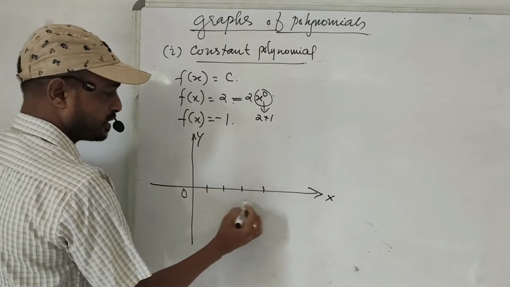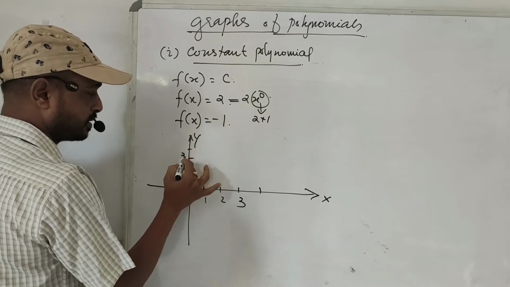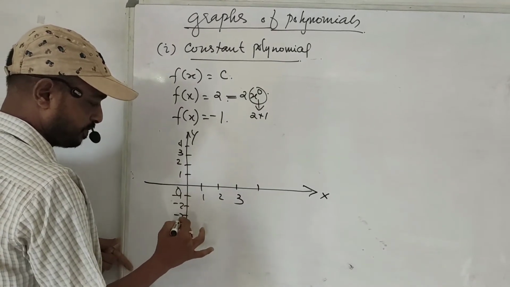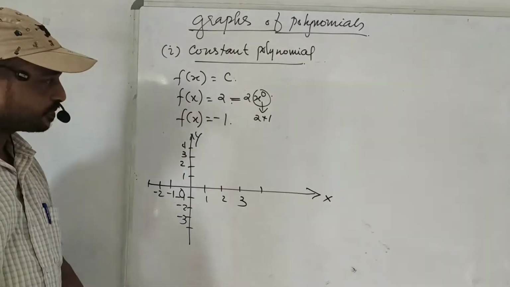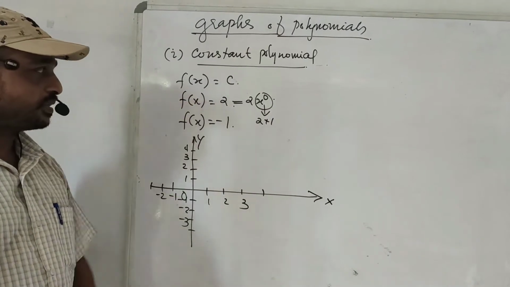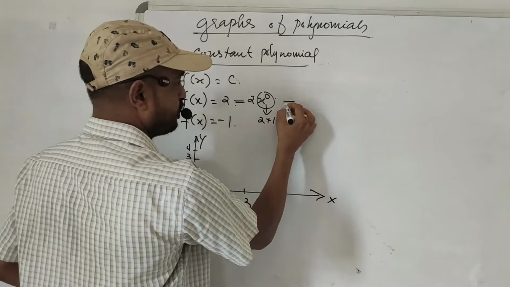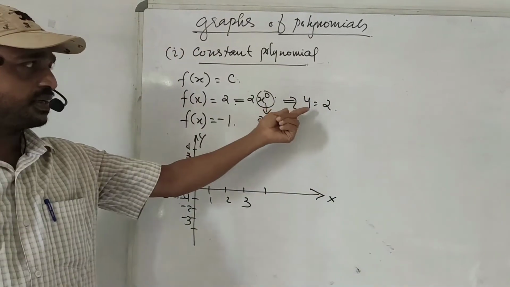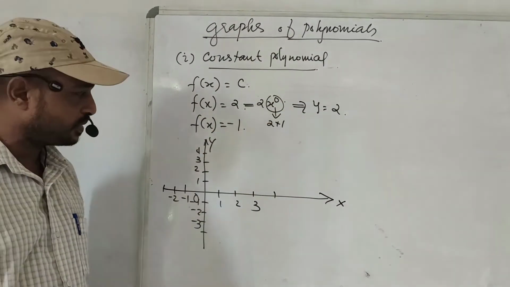This is the positive direction of the x-axis, this is the positive direction of the y-axis, this is the negative direction of the y-axis, and this is the negative direction of the x-axis. f(x) means y, so how will you draw the graph of y = 2?